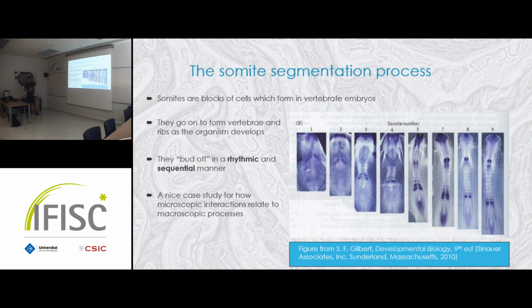This has been of interest to experimentalists and theorists alike for many decades now, because it's rather a nice example of where microscopic processes on the gene regulatory level can be linked to the macroscopic process of pattern formation, or developmental production of the embryo over time. So this is really at the heart of systems biology, this linking of the genetic process to the macroscopic developmental phenomena.